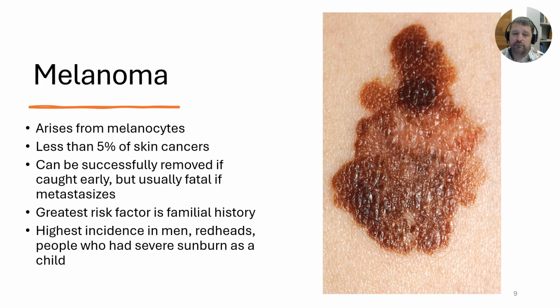Okay, this is really high incidence in men and individuals who have blonde hair or redheads, and individuals that had severe sunburns as a child. So it's very, very important to use sunblock as a child, because later on in life you can develop a melanoma, and it can be very serious.